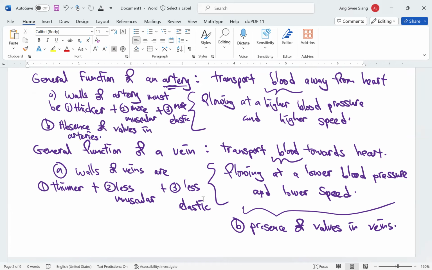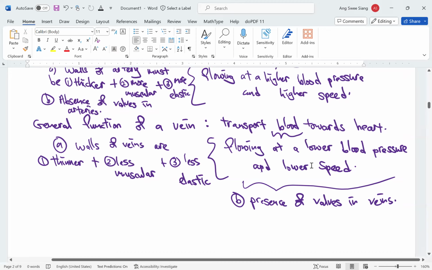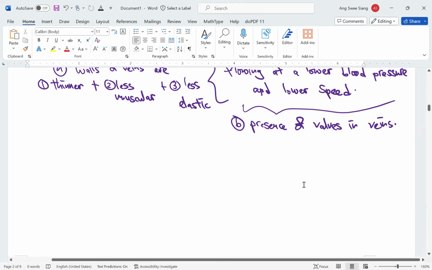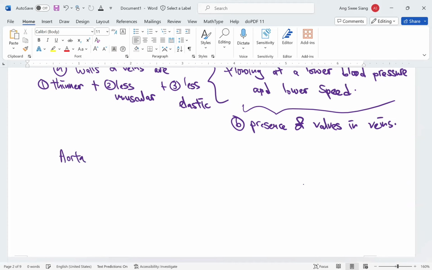One last thing before we end today's lesson, because our lesson only goes until 10:10: there are exceptions of valves and absence of valves. So what are the exceptions? The aorta and pulmonary artery.